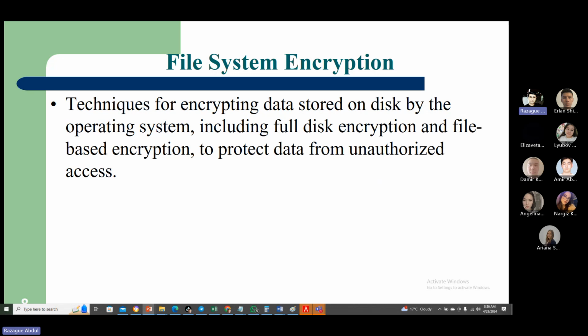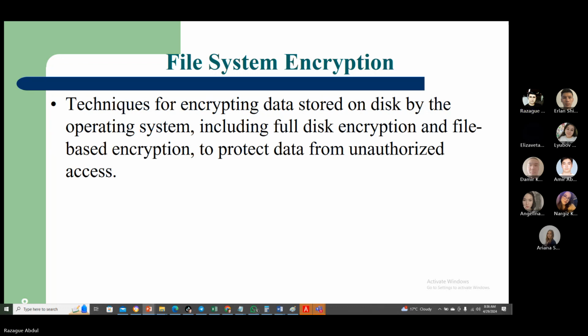So this process is transparent to the user and does not affect the operations of applications. Full disk encryption protects the entire disk, including system files, application files, and user data, along with the empty space on the disk, which may contain many things.